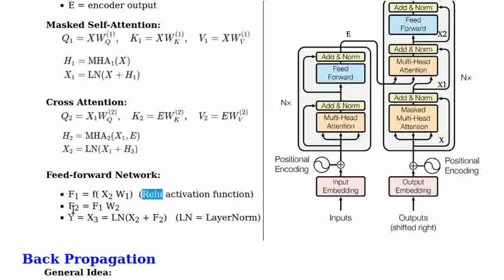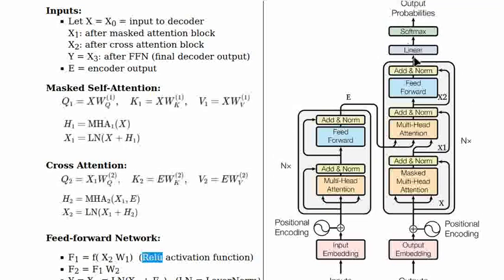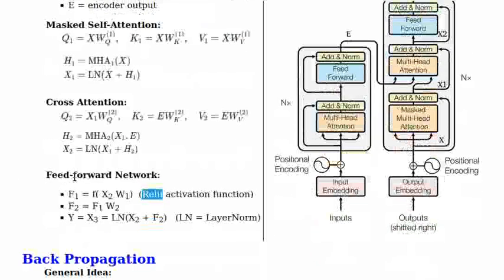And F2 is F1 times the weight matrix W2. And Y is the output after the layer norm, layer norm of X2 plus F2, as shown in this diagram. So this output is Y.